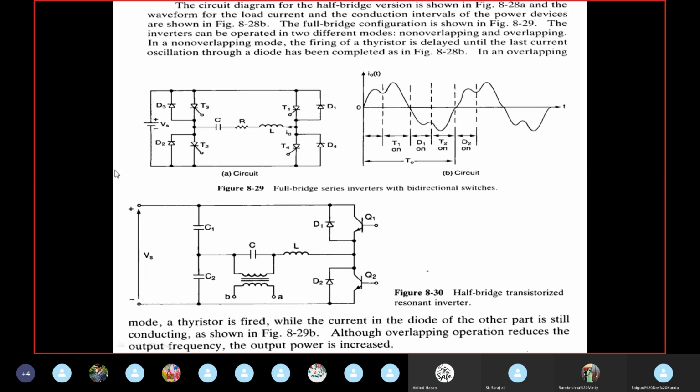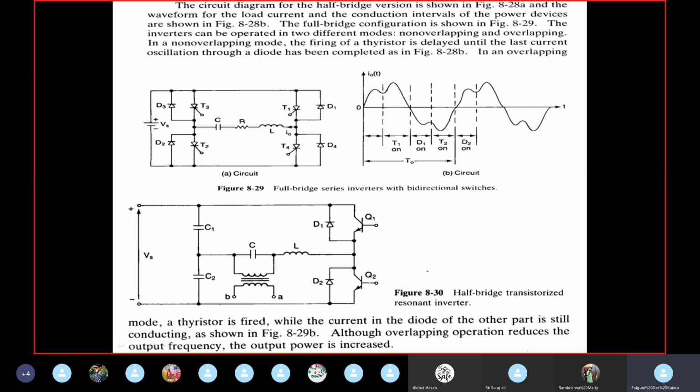And this is a half bridge transistorized resonant inverter. Here we use a transformer.